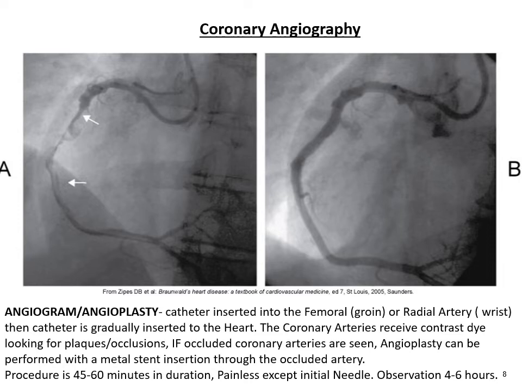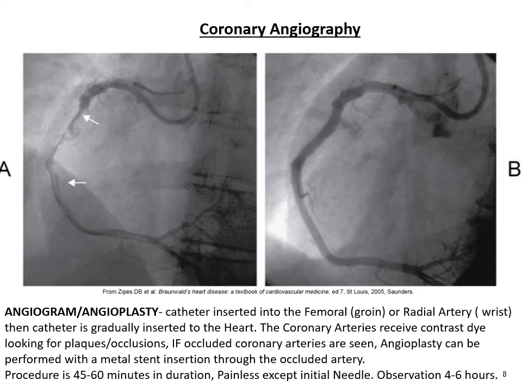On the left, A is a coronary artery. I think that's the right coronary artery that's coming down and then wrapping around the heart. You can see that in the middle, the flow is very, very small, just trickling through where the arrows are, from the start of the first arrow to the end of the second arrow.